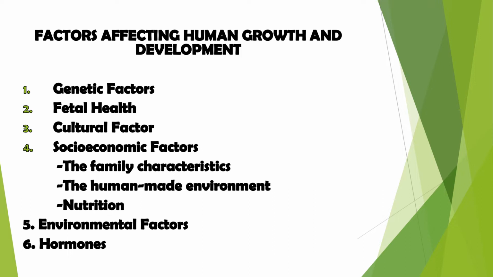Next is the cultural factor. Culture refers to a system of beliefs, attitudes, and values that are transmitted from one generation to the next. It is a product of past human behavior and is also a shape of future aspiration. The development of the child is influenced by family as well as by the society.